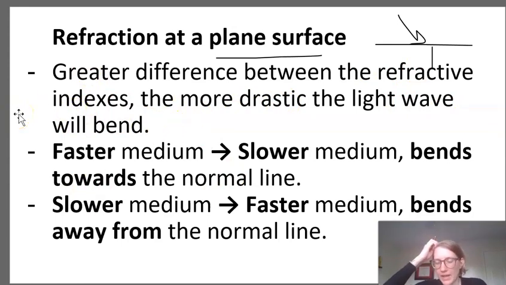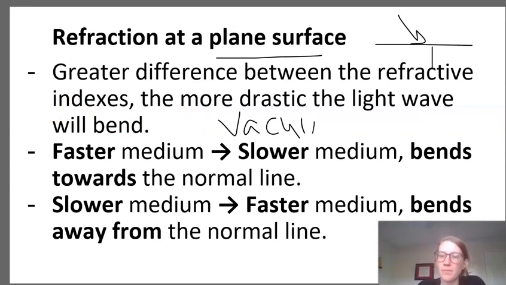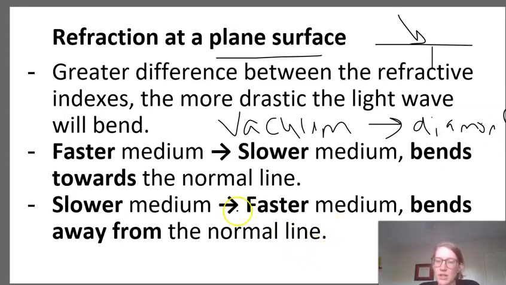That just means, like, if we could somehow get light to refract from a vacuum to a diamond, it is going to bend so significantly versus if it were to just travel from a vacuum to air. Okay, so the greater the difference between those N numbers, the more that light is going to bend.